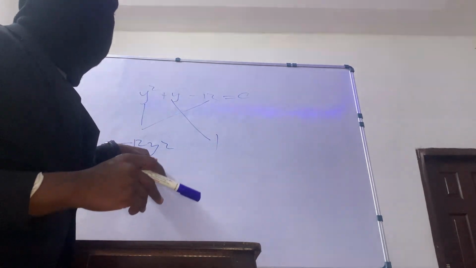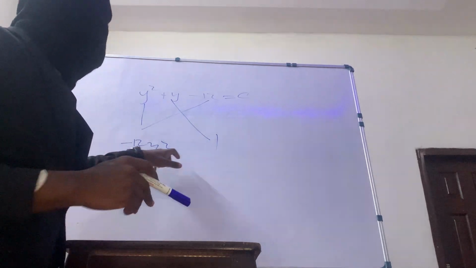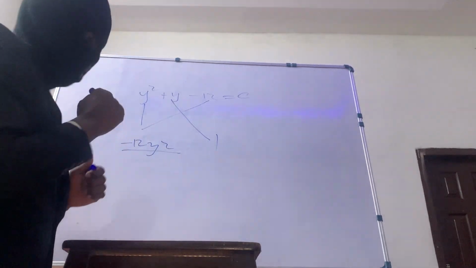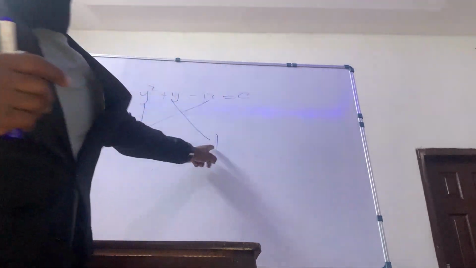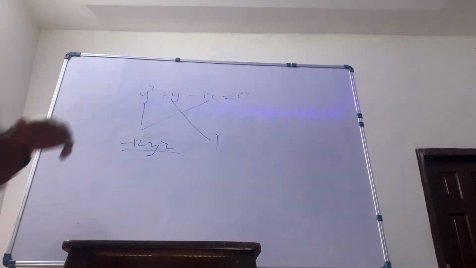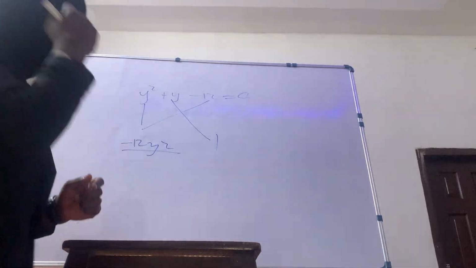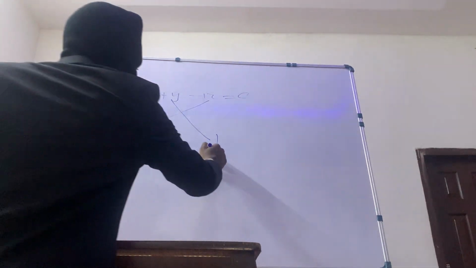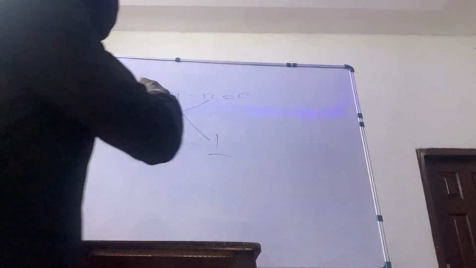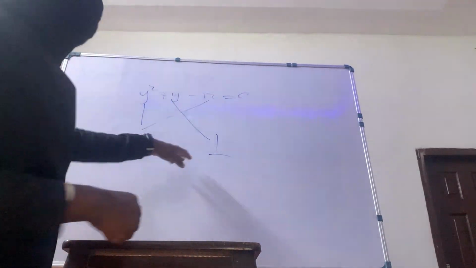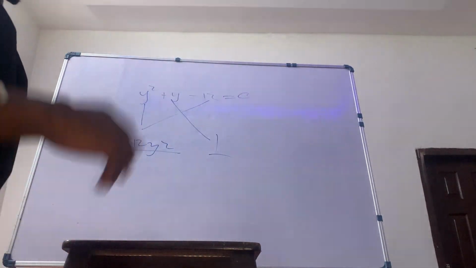Multiplication will result in minus 12 y squared. It has to come out as it is. And the summation of those two numbers is going to give us positive 1. If the conditions are met, the numbers satisfy. But if one of the conditions is not met, those two numbers don't qualify.